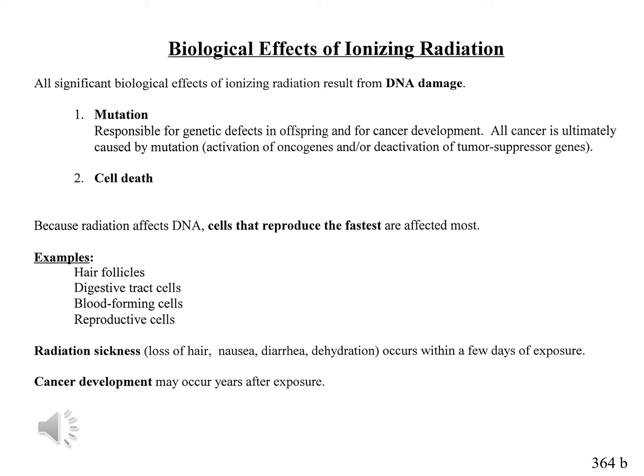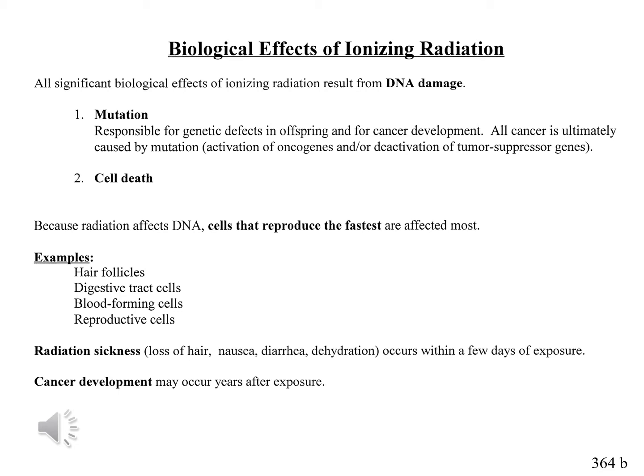Now, because it's DNA damage, cells that reproduce the fastest are affected the most, because every time a cell divides, it has to replicate a copy of the DNA for the new cell. The thing is that cancer grows faster than anything, and so cancer is affected by radiation the most, but normal tissues are also affected. Your hair grows faster than anything in your body, and you know what happens when people get radiation treatments.